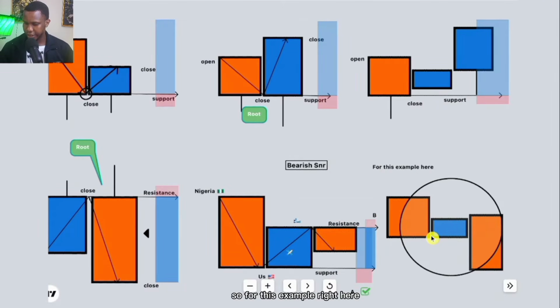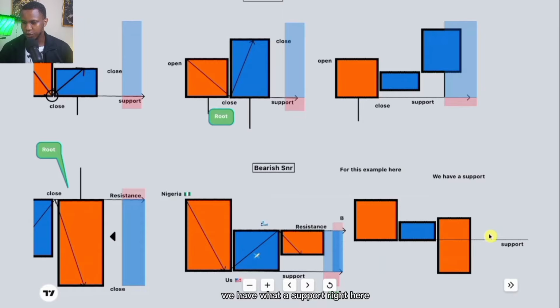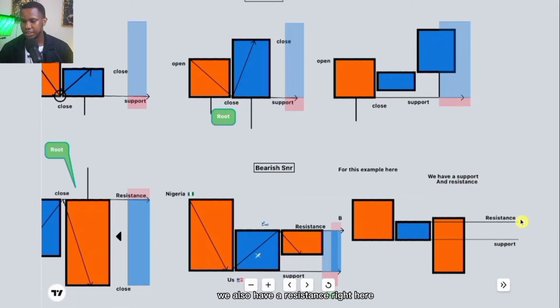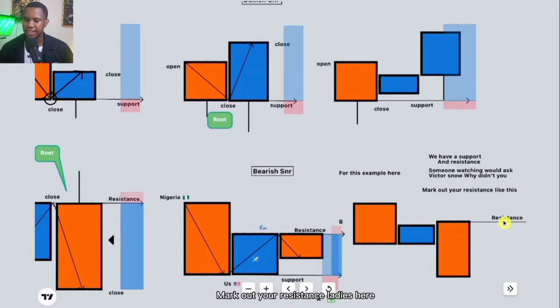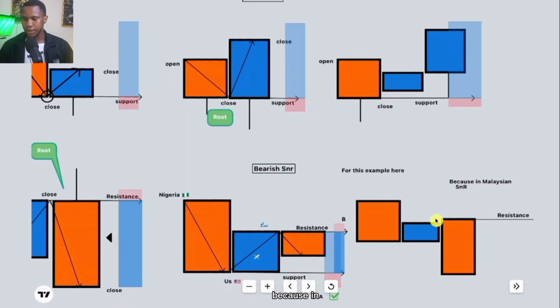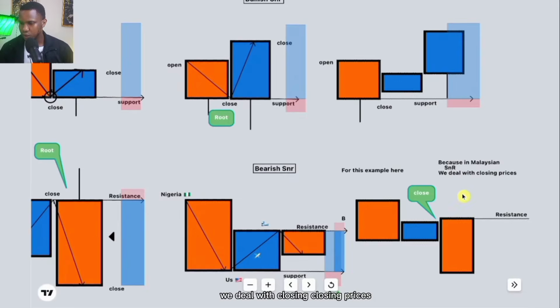For this example right here, we have a support right here. We also have a resistance right here. Someone watching will ask, but Vitos, why didn't you mark out your resistance like this here? Because in the Malaysian way of marking out support and resistance, we deal with closing prices.